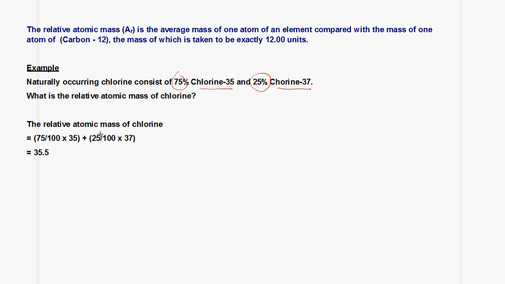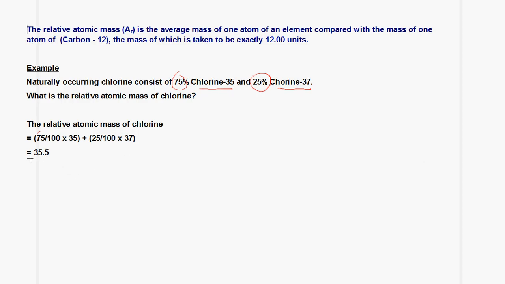In order to calculate the relative atomic mass of chlorine, we need to take the percentage, which is 75%. So it'll be 75 over 100 multiplied by 35 for chlorine-35, plus 25%, that is 25 over 100 multiplied by 37.